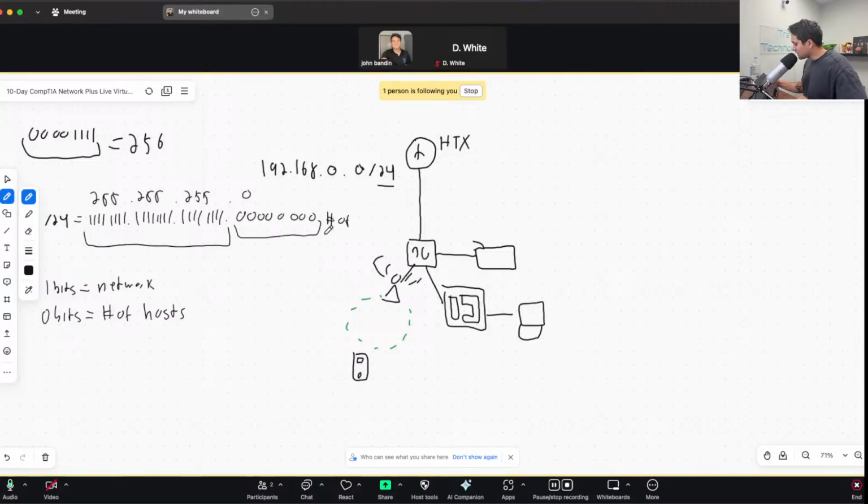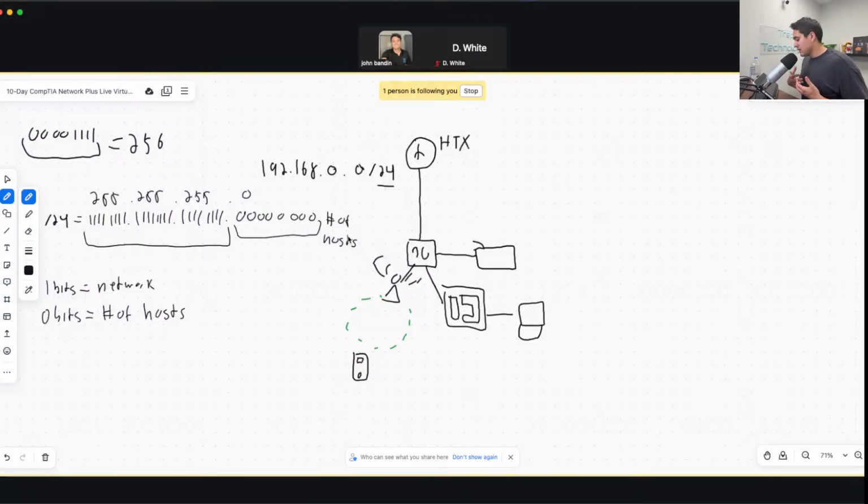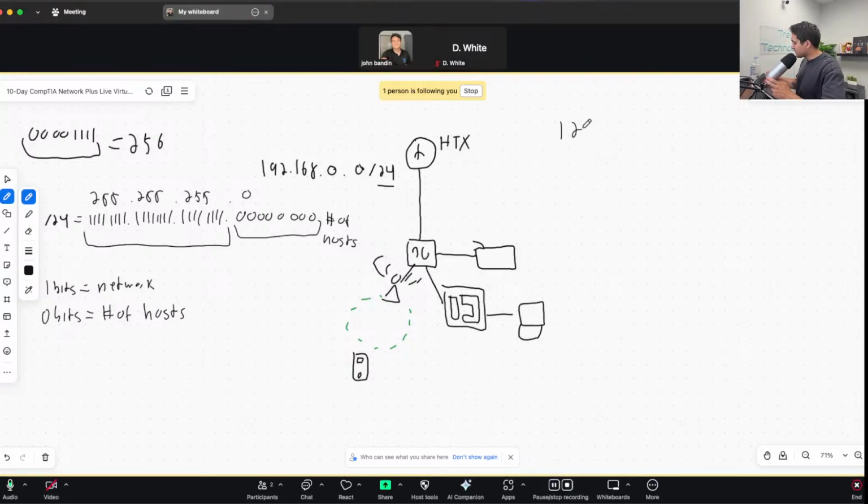You're going to look at me and say, well, there's zeros, so doesn't that mean 0? Well, that's not how subnetting works. In subnetting, zeros represent the number of hosts you can have. So what we mean by that is that if I put my binary conversion chart back up here, 128, 64, 32, 16, 8, 4, 2, and 1, and I put all the zeros up here, guess what?